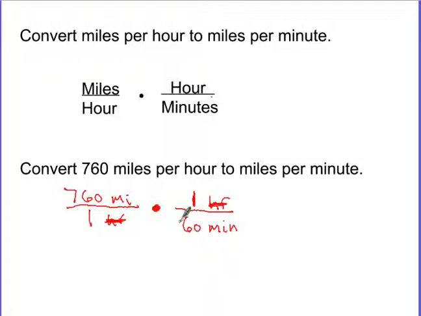and then when you have fractions, you multiply straight across. So I can multiply 760, leave it labeled as miles, and I can put that over 60 minutes. So 760 miles in 60 minutes is the same thing as 760 miles in 1 hour, right? Now what do I do as my last step to get the unit rate?